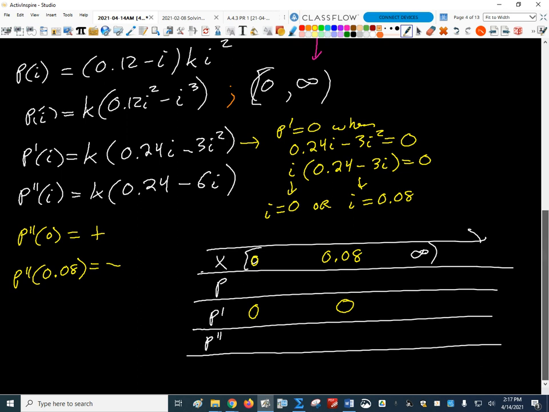So then we can see here that this is a maximum and this is a minimum, and we want the maximum for profit, so that's it. We set our interest rate at 8%, and that's going to be the best one for us.